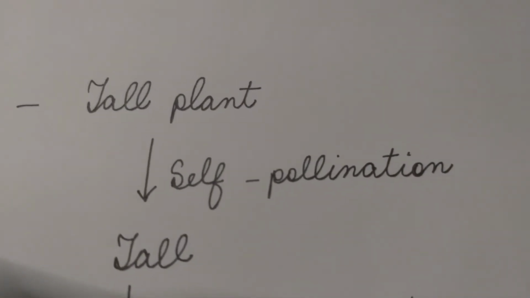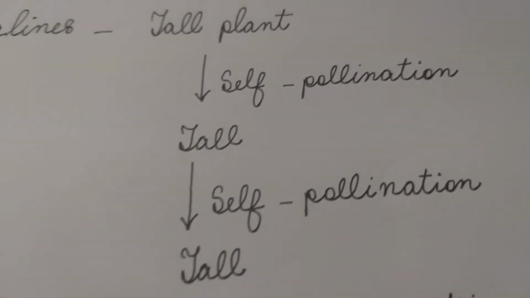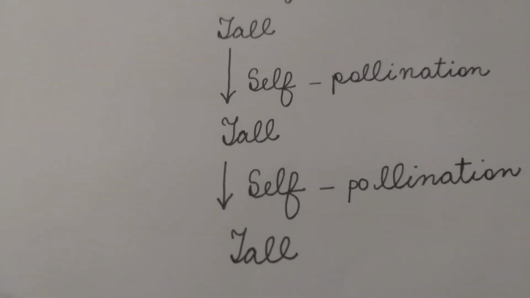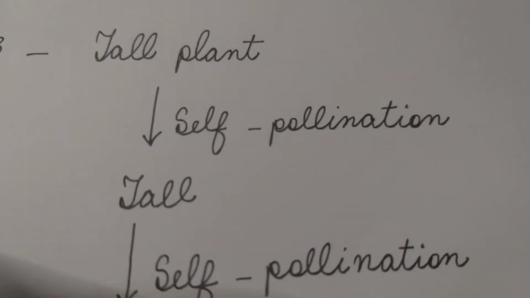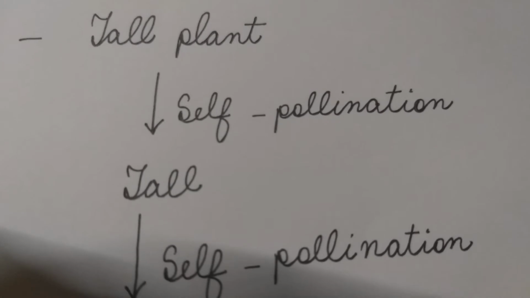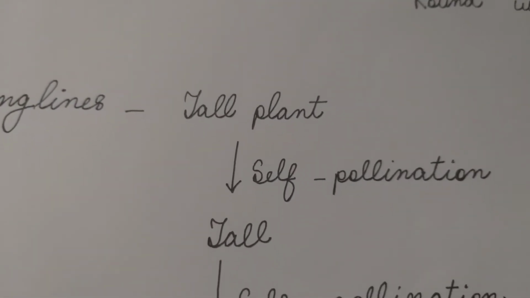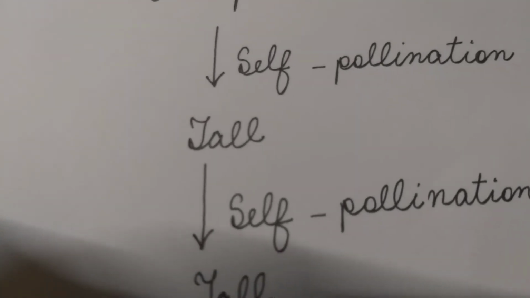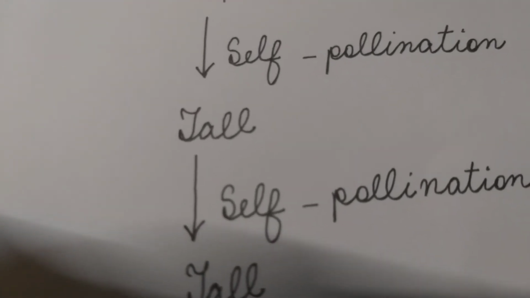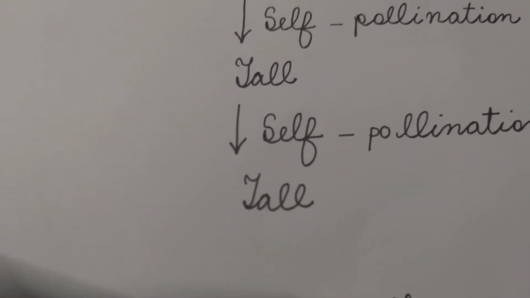That means continuous self-pollination results in expression, appearance, or inheritance of the same trait continuously for many generations.